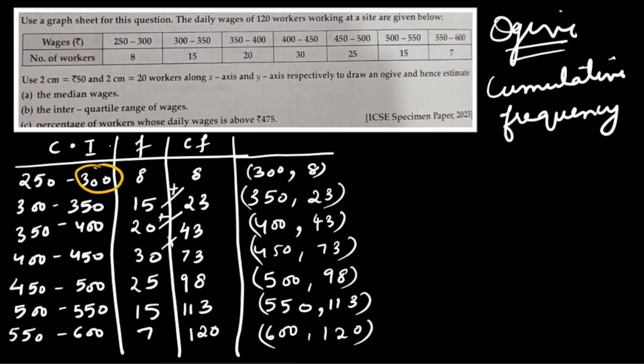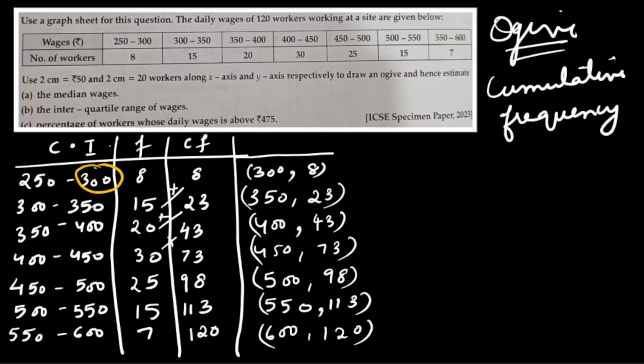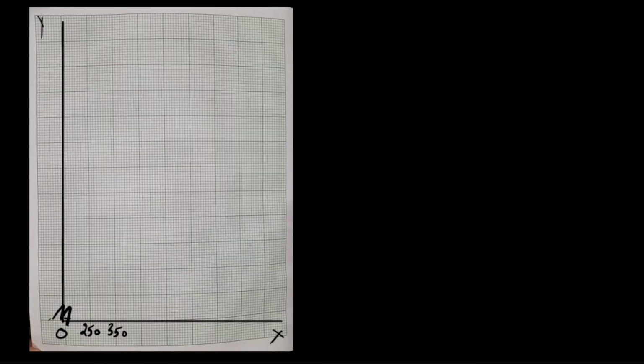So this is x-axis, this is y-axis. What are the class intervals given to us? 250 to 350. So as it is, we will write. Here we have to draw the kink symbol. So this is 250, 250 to 300. So this is not 350, this is 300. 250, 300, then 350, 400, 450.